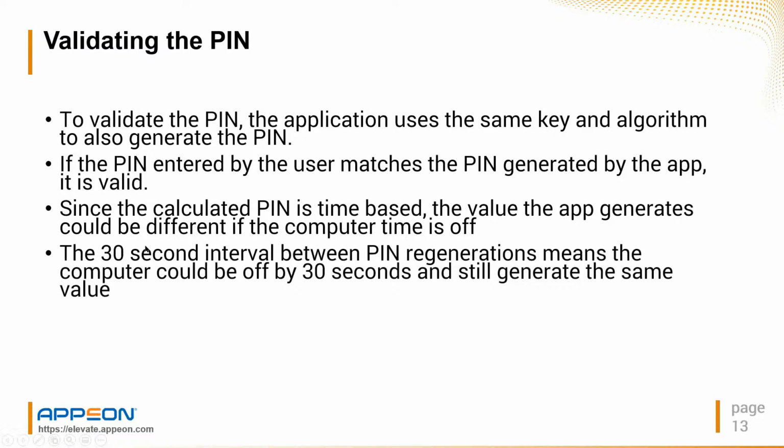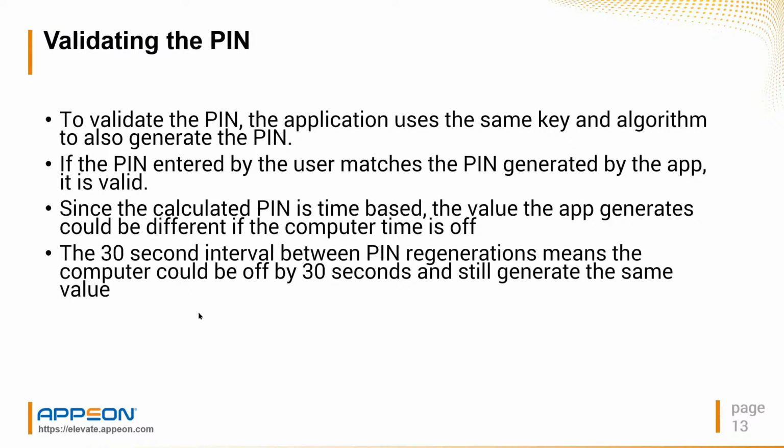One thing to note here, as we go in here, one of the key pieces of generating that 6-digit PIN, remember I said it regenerates every 30 seconds? It uses the current UTC time divided by 30 to generate an interval.